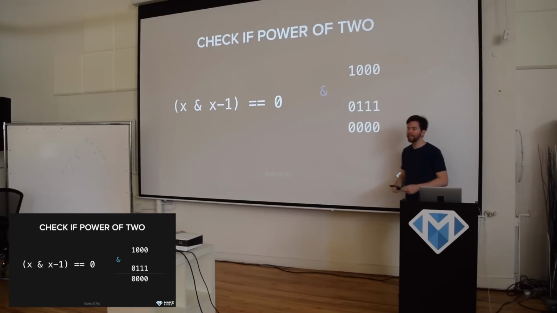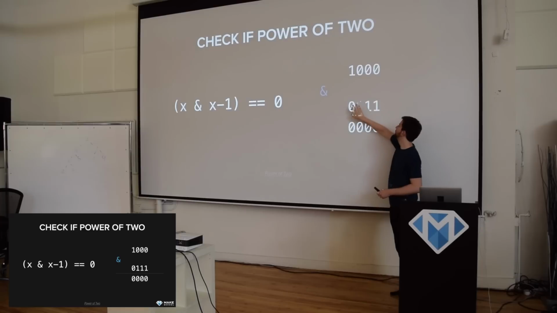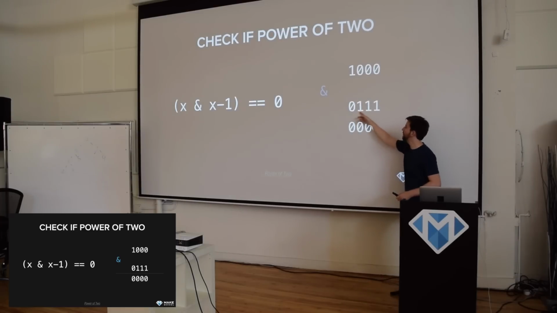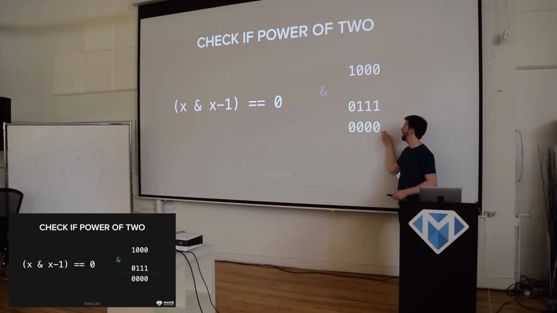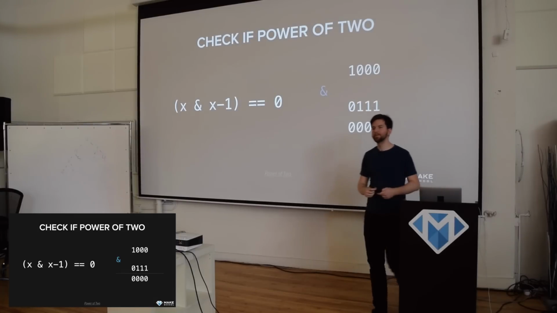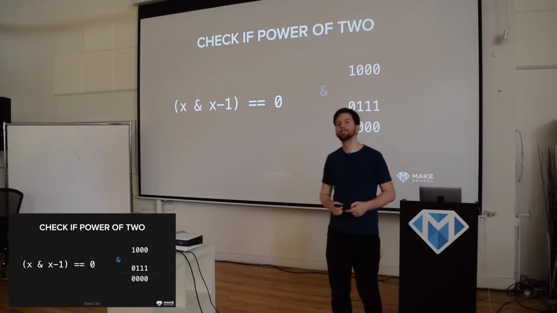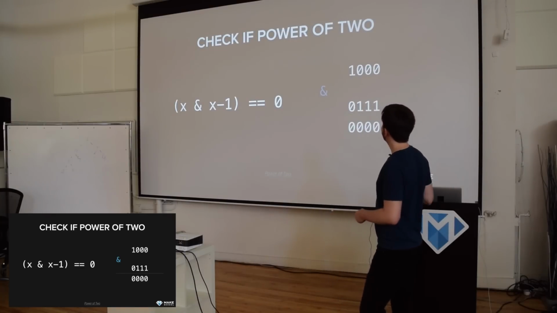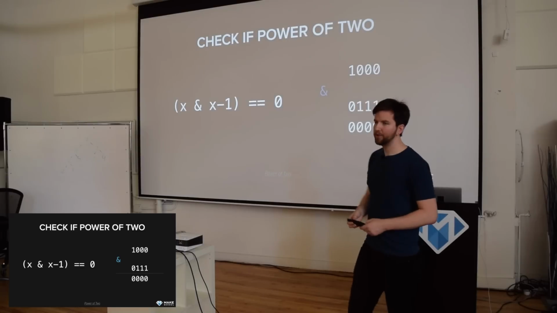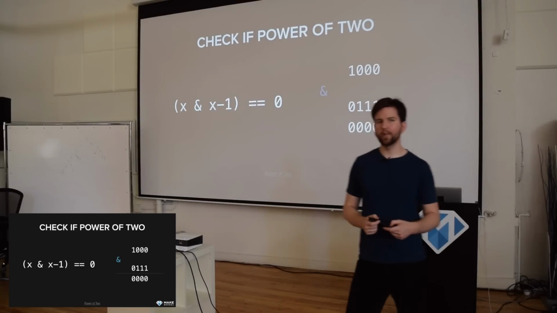So you can take the input number and subtract 1. If it's a power of 2, subtracting 1 will set the bit that was set to 0 and all the bits behind it to 1. So that was 8, this is 7. Then you can AND them together, and if the result is 0, then it's a power of 2. So that's kind of a cool trick.